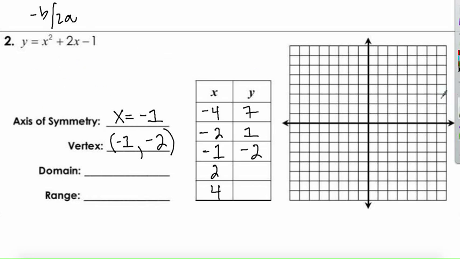So if I plug in a positive 2, I will have 2 squared plus 2 times 2 minus 1. So that would give me 4 plus 4 minus 1.